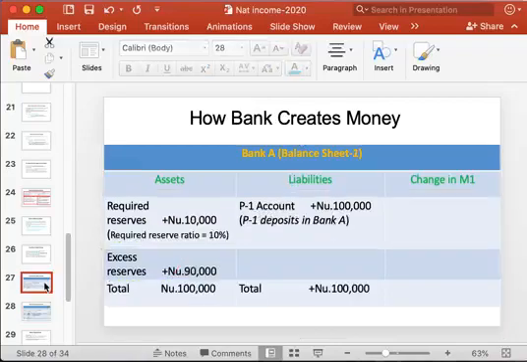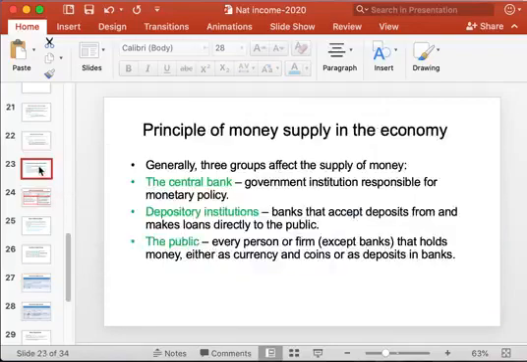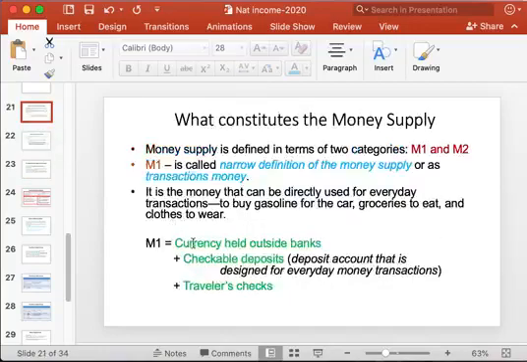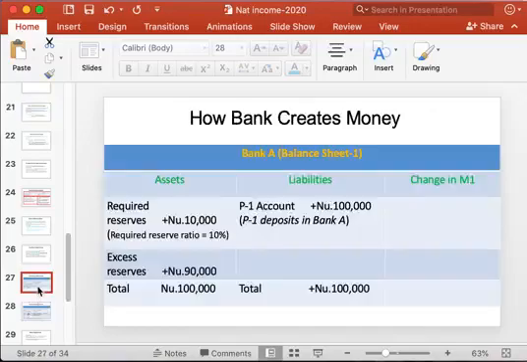So in the earlier case there is no change in M1. M1 is nothing but currency held outside banks plus checkable deposits plus traveler's checks.